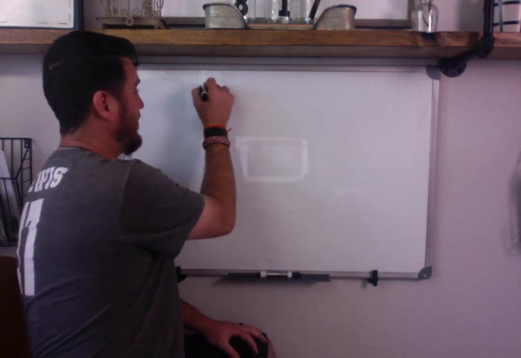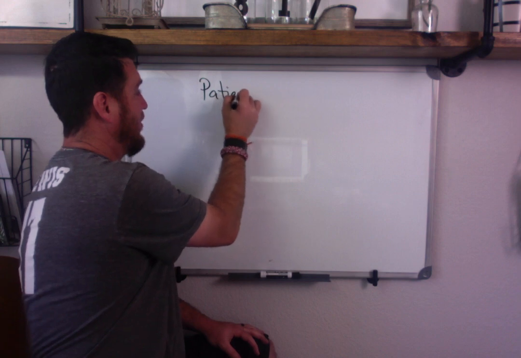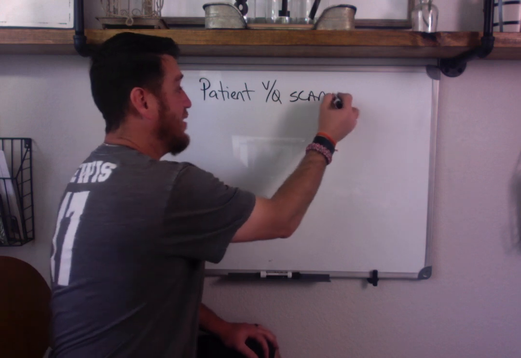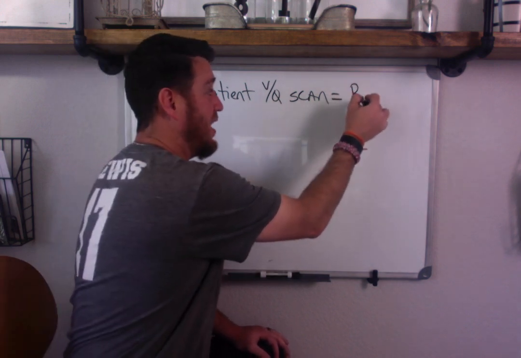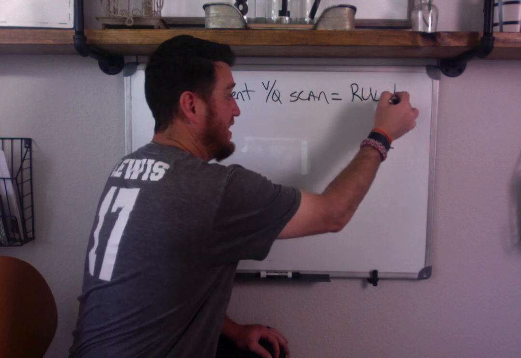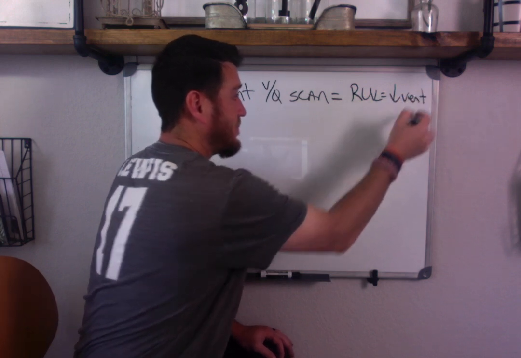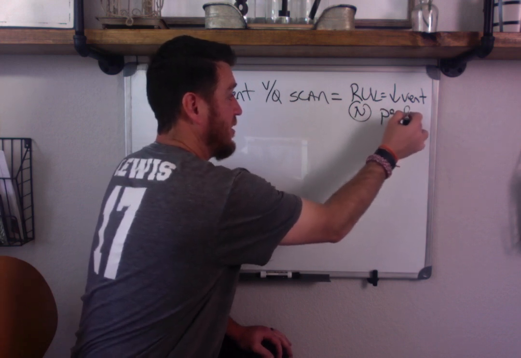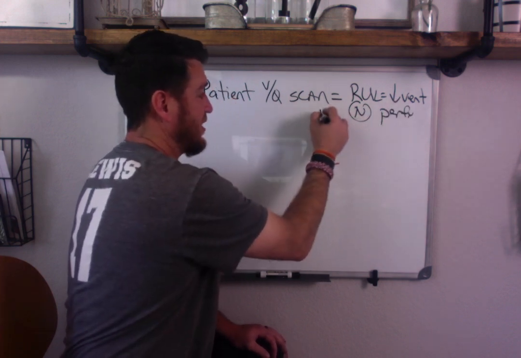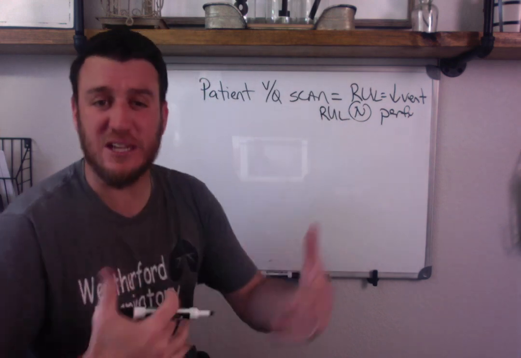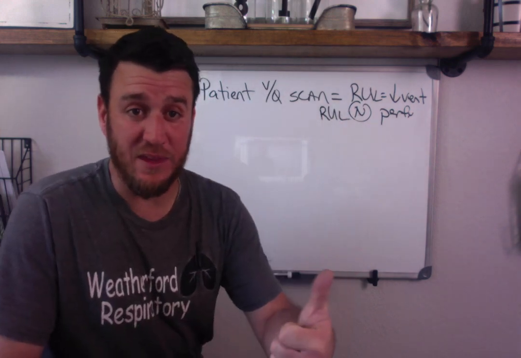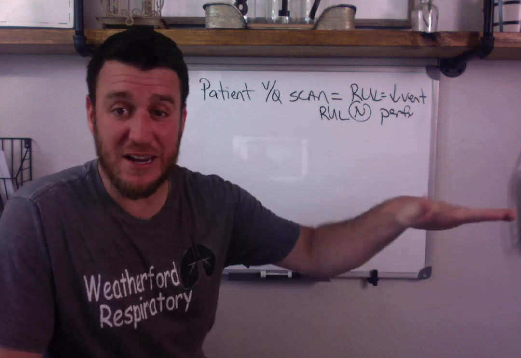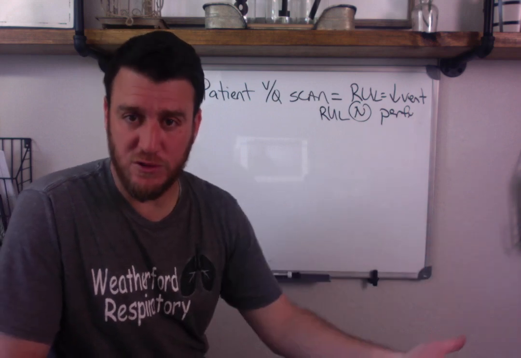And it basically said you have a patient who had a VQ scan, and the VQ scan in the right upper lobe showed decreased ventilation and normal perfusion. So I'm just going to stop there. This is in the right upper lobe. So they give you this information. Patient has a VQ scan. In the right upper lobe, it shows decreased ventilation, but normal perfusion.